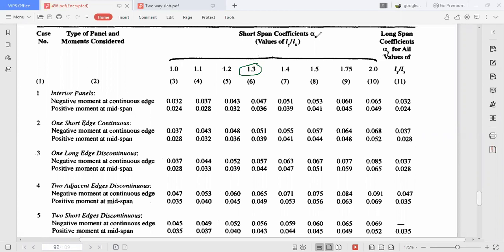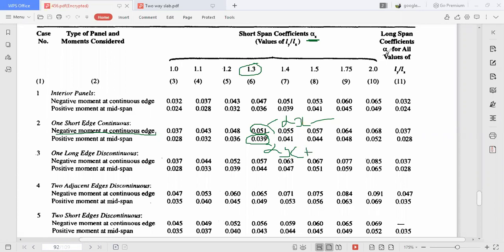Now for this, alpha x values are: negative moment at continuous edge, that is at the supports, 0.01 is the alpha x negative value, and positive moment at midspan, which is 0.039, is alpha x positive. So this is alpha x negative and this is alpha x positive. So two values are over.